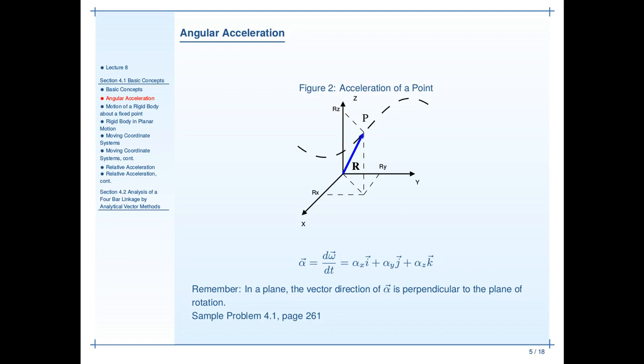In the same way, we can look at a point with a velocity and note that the acceleration, in this case angular acceleration, is equal to the derivative of the angular velocity with respect to time, and that we can break this up into components where we are looking at that angular velocity with a direction of the I, J, and K axes, so the directions of our primary coordinate system. In a plane, remember, the vector direction of alpha is perpendicular to the plane of the rotation.